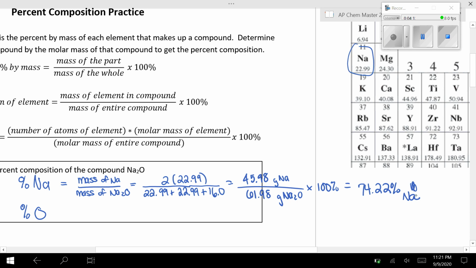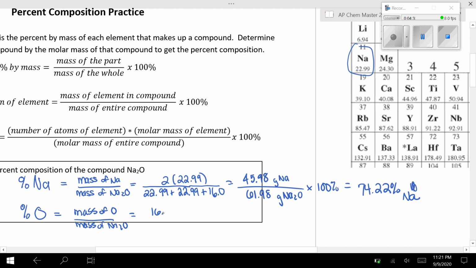To find the percent oxygen, we should just be able to subtract 100 minus 74.22 because there are only 2 elements, and those percentages should add to 100. But it's always good to double check that. So for this case, we would say the mass of oxygen divided by the mass of Na2O.